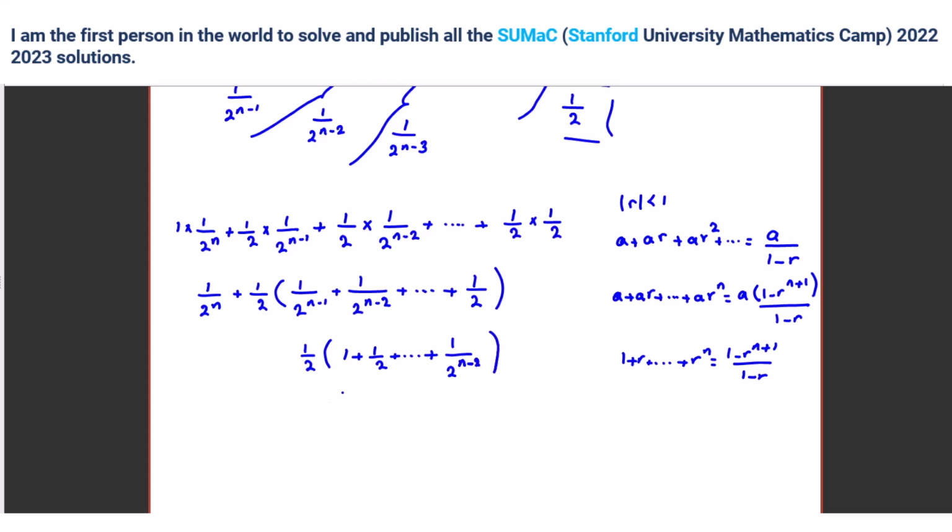Exactly. So what's this one equal to? That one would be equal to 1 minus 1/2 to the n minus 1 over 1 minus 1/2, right? Yes, 1 minus 1/2 is 1/2.